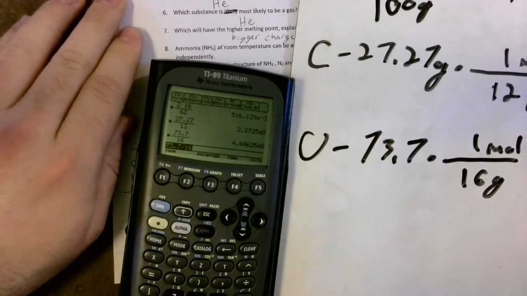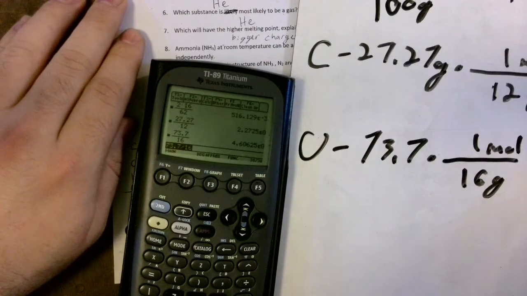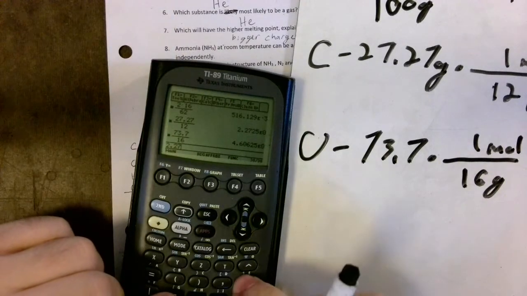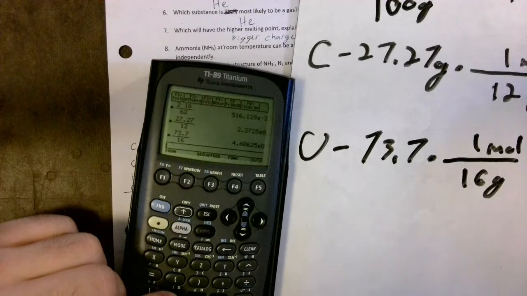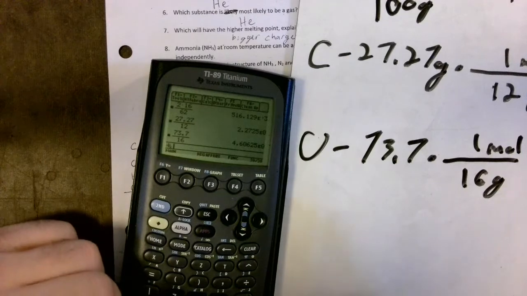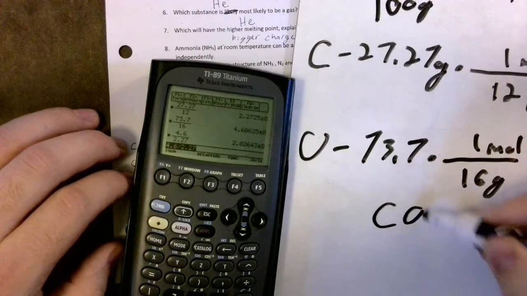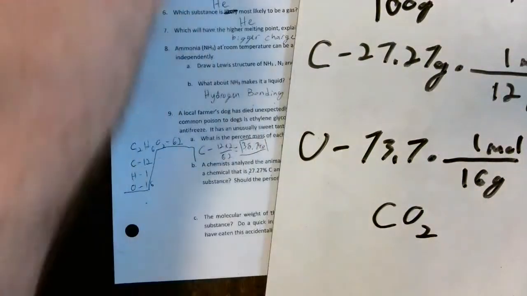Okay, so now 2.27, 4.6. We're going to divide both of them by 2.27. 4.6 divided by 2.27 rounds out to about 2. So the empirical formula of this is CO2.